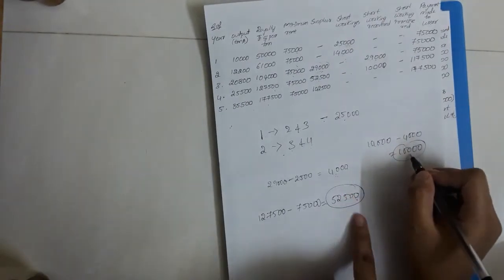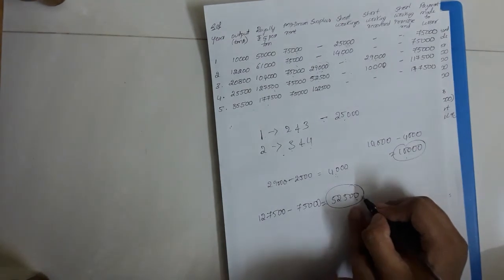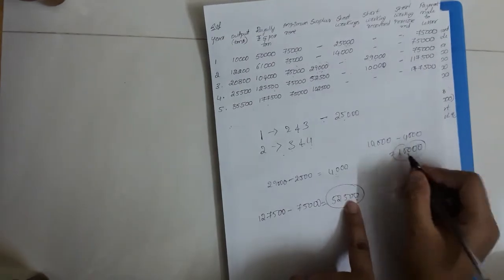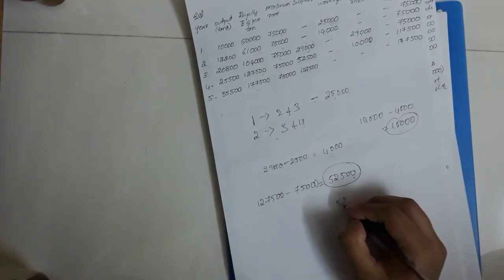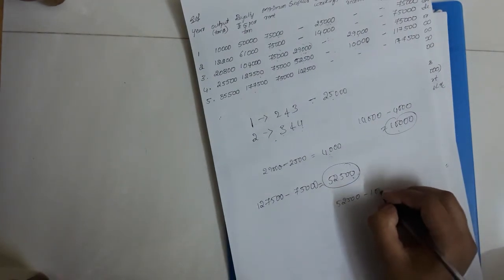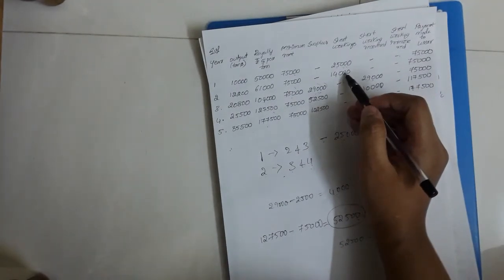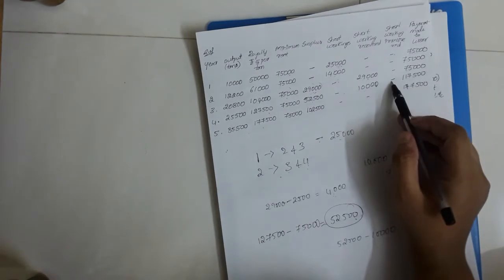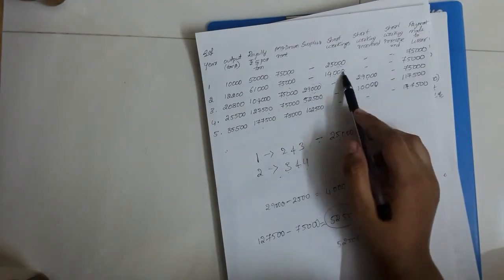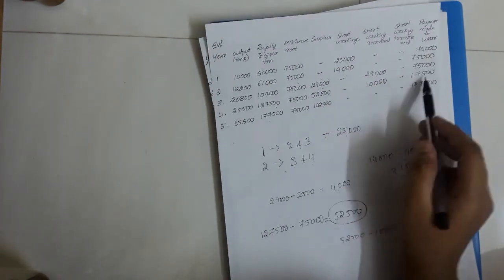This 10,000, in this 52,500, I'll recover. So I have recovered the short workings of the second year, right? Now there is no short workings irrecoverable. 25,000 is done, 14,000 is done, and everything is recovered.